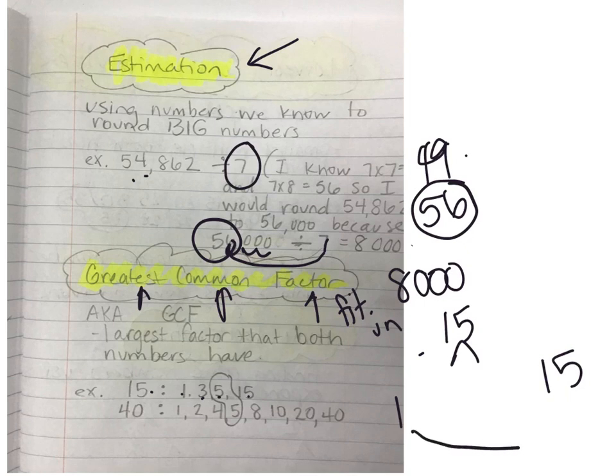I would still rather you do the rainbow one because you might forget some. 3 and 5, and that's it. You get the same answers, obviously, but now what I would do is, does 15 go into 40 evenly? No. Does 5 go into 40 evenly? Yep. So 5 is going to be the biggest number that goes into both. Or you could just list all the factors too.